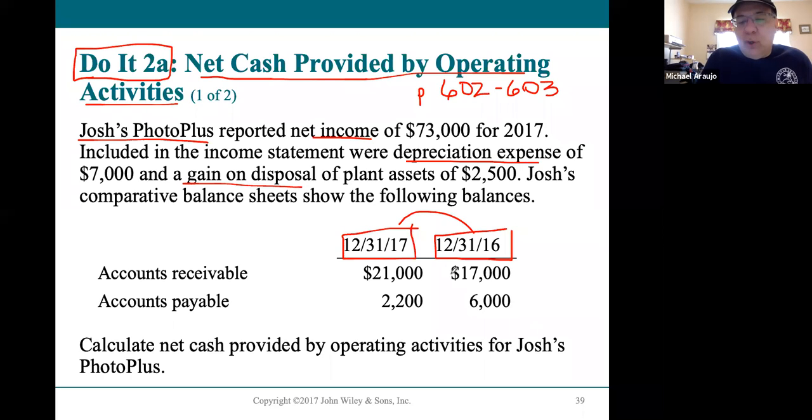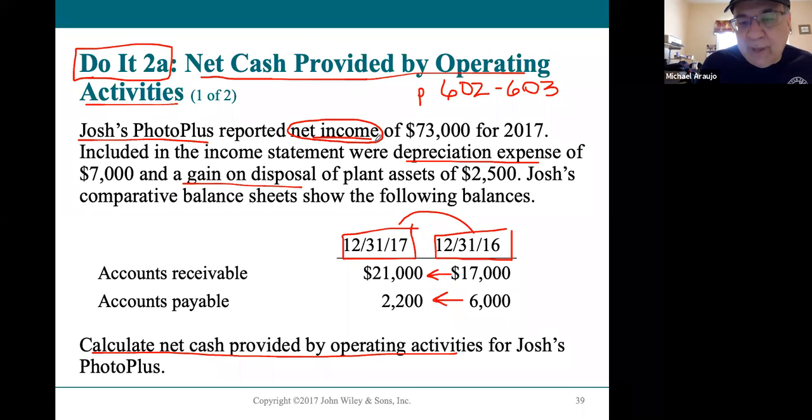And what we have to do is note the changes from the base year to the current year as either increases or decreases in the account, because that's going to help us calculate the net cash provided, right? So the very first place we always start when we do this is we start with the net income of 73,000, okay? That's always the starting place. Whatever the net income is, this is the starting place.